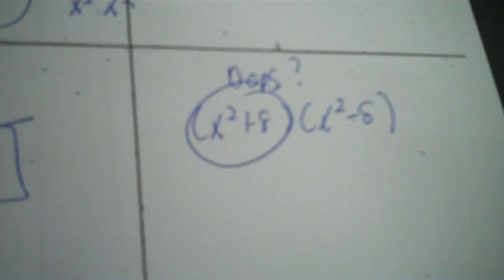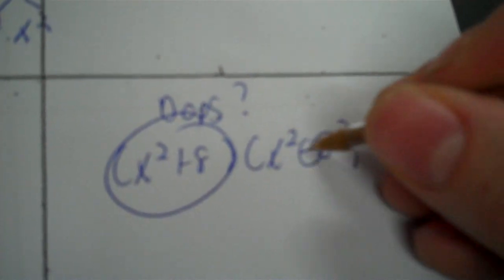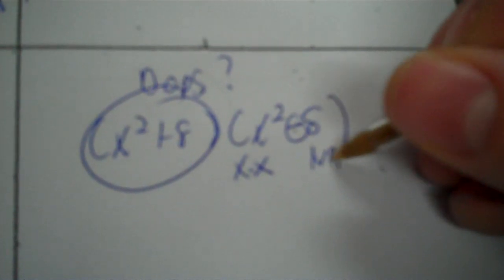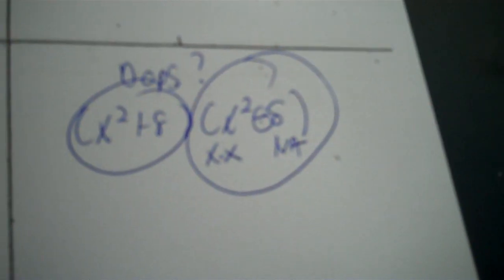Well, the plus can't be. Okay, now the minus, well, x to the second is x times x, but 8, it's not 4 times 4, that's 16. Okay. 8 is not a perfect square, that's NA, so then that's done as well. So x to the second plus 8, x to the second minus 8.